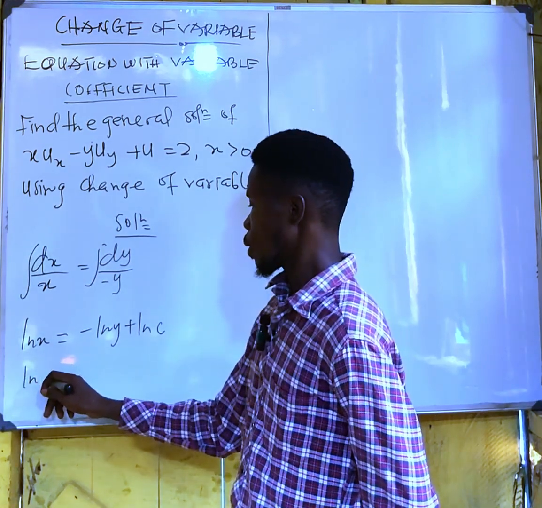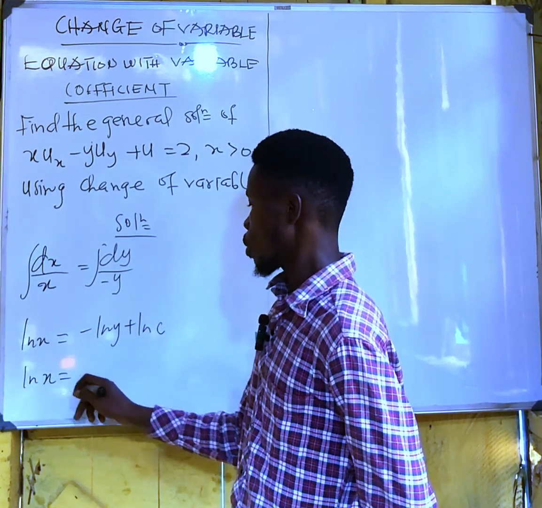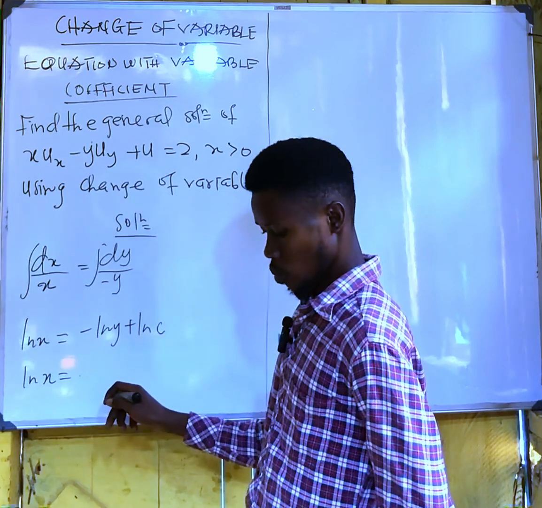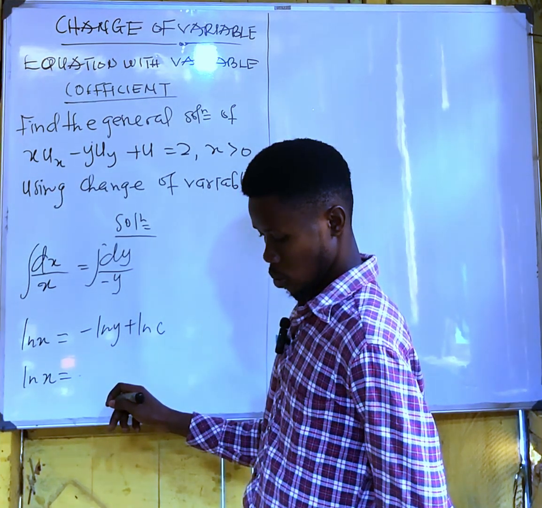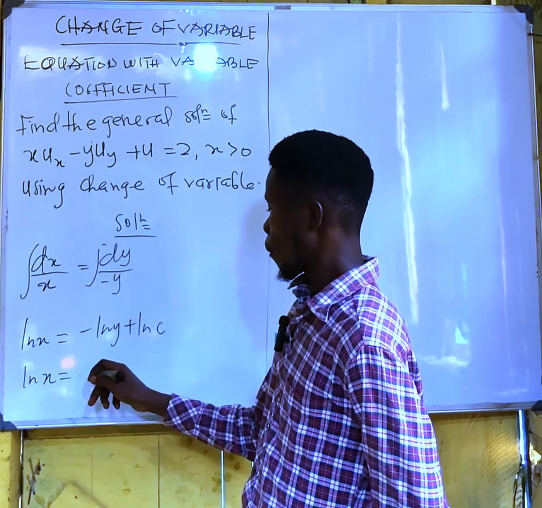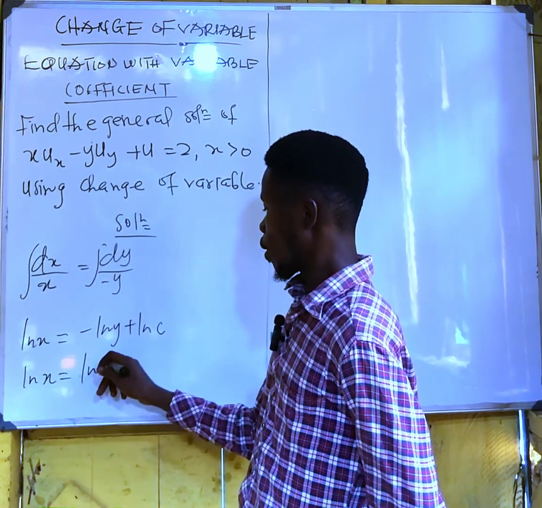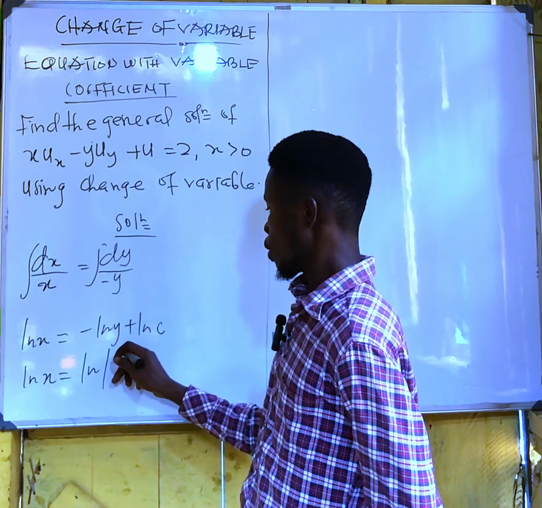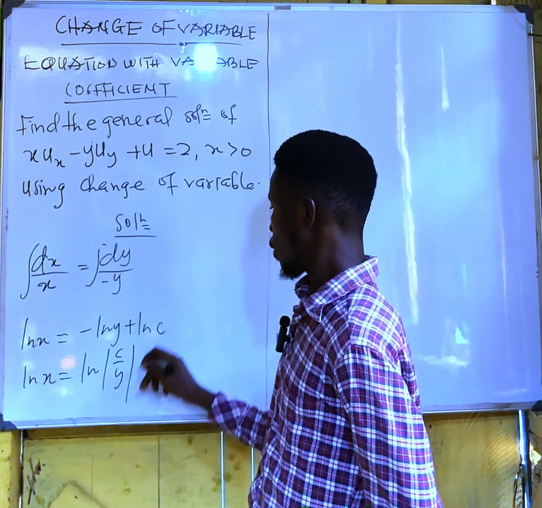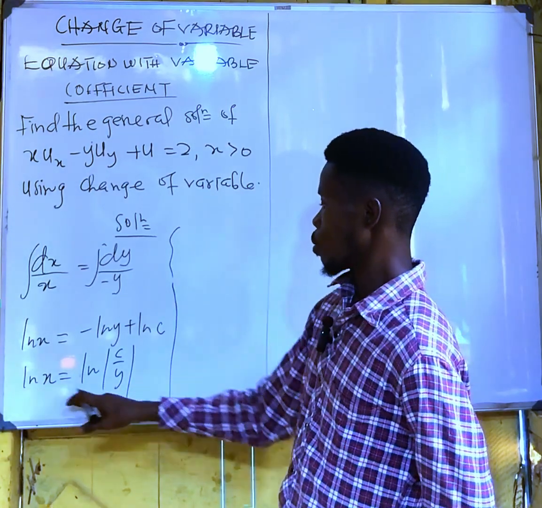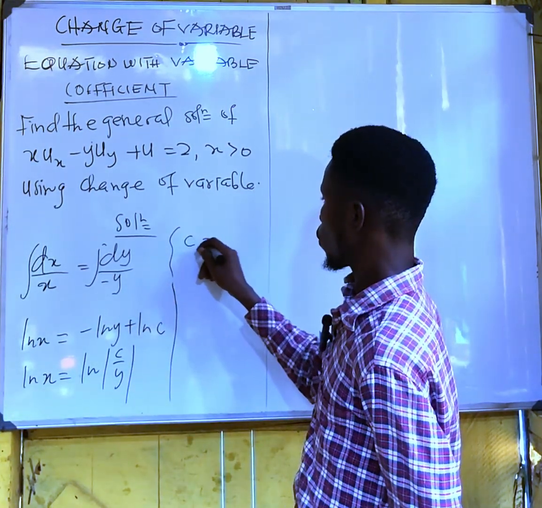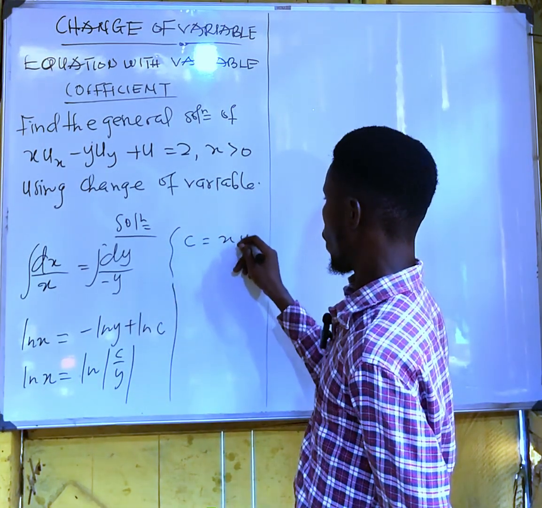So my ln x will be equals to ln c over y. It means that if I take e on both sides, my c will be equals to xy.